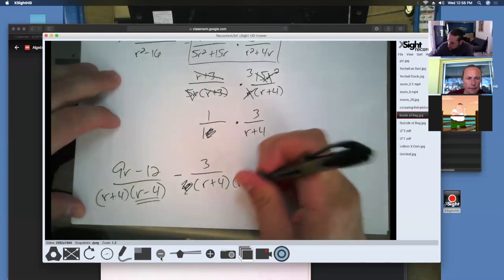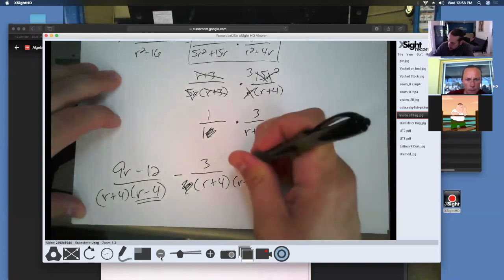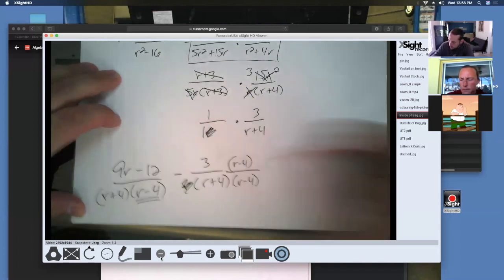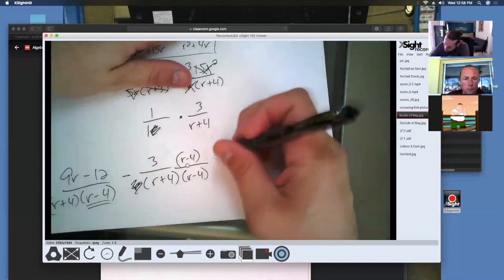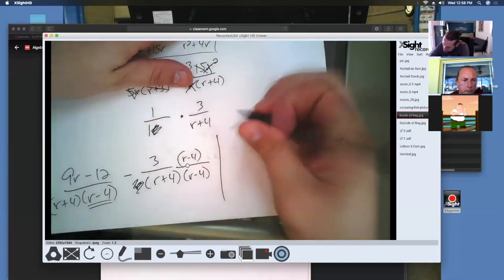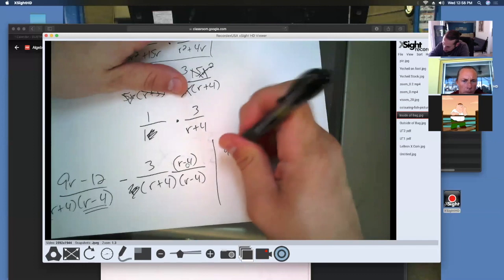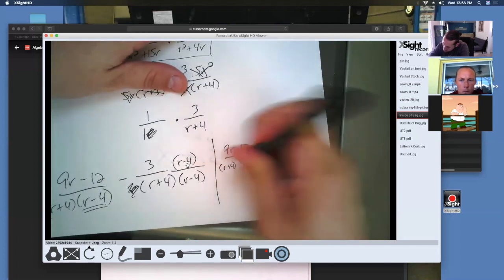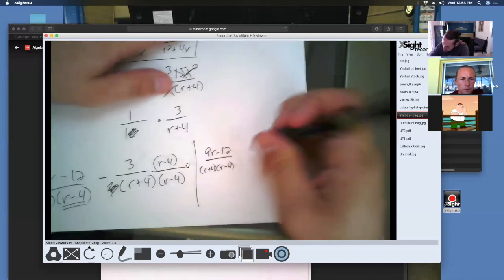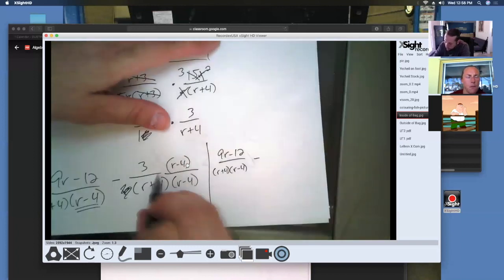So I'm going to do r minus 4, r minus 4. When I rewrite this, it's going to give me 9r minus 12 over r plus 4, r minus 4, minus, I'm going to go ahead and FOIL this out here.